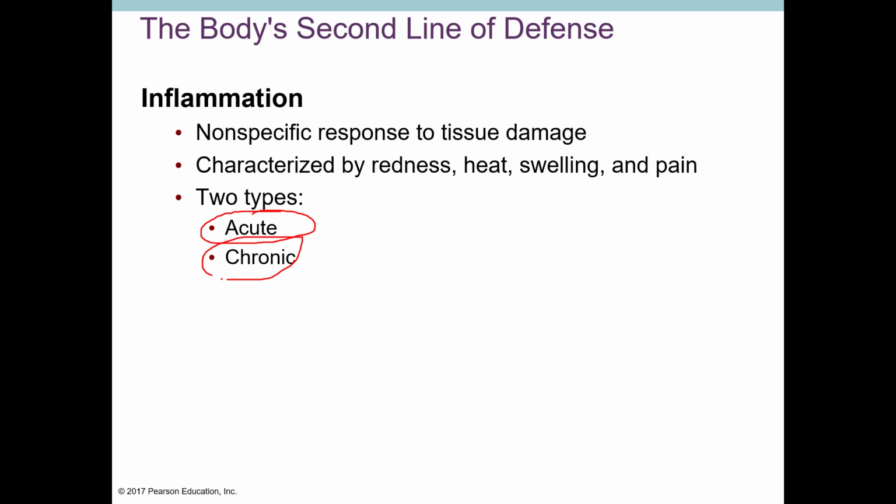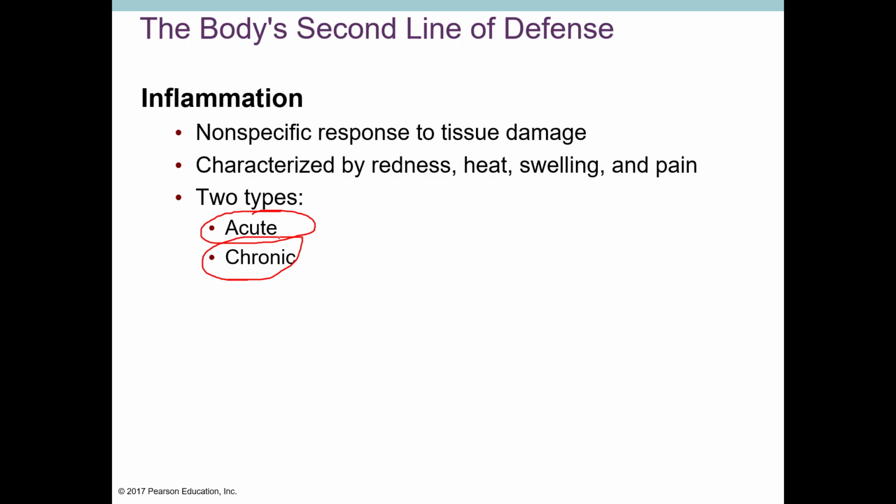In a chronic case, if you have inflammation that goes on and on, it can cause damage to a much greater extent. So, if you go to a doctor with inflammation, he's going to want to know how long this has been going on.